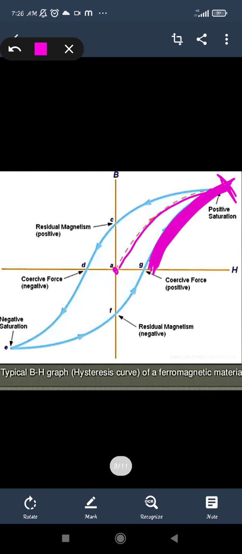And now the magnetic field will be decreasing, but along a new path, that is C here. It decreases like this. After decreasing, it does not become 0. It does not touch 0, but at the initial point it was 0, and now it is not 0.